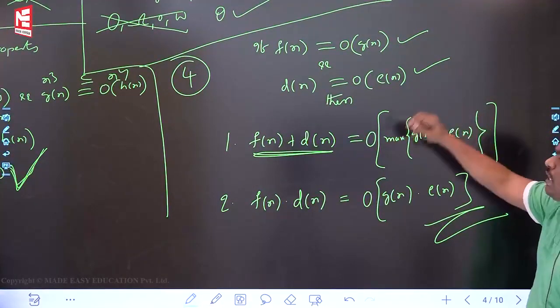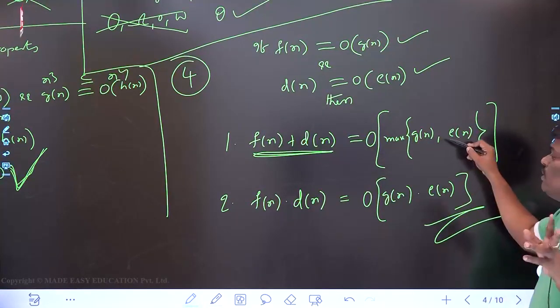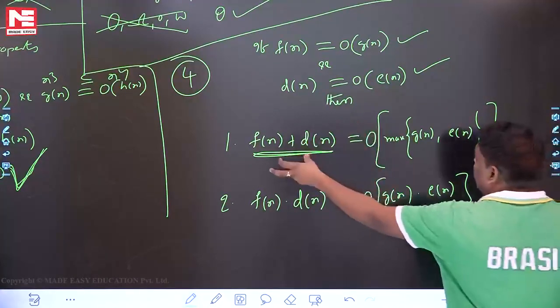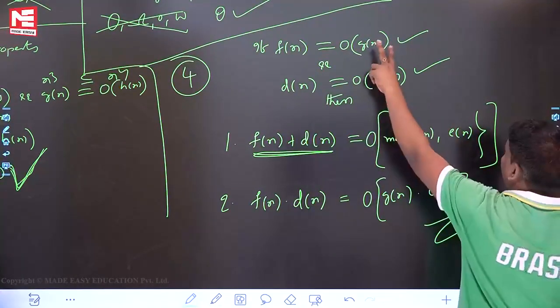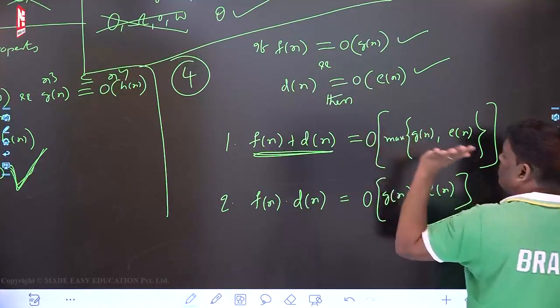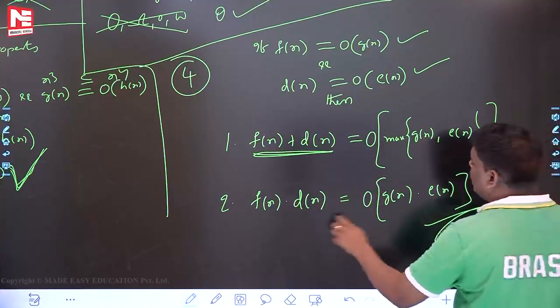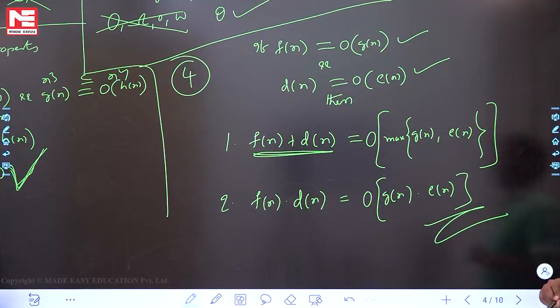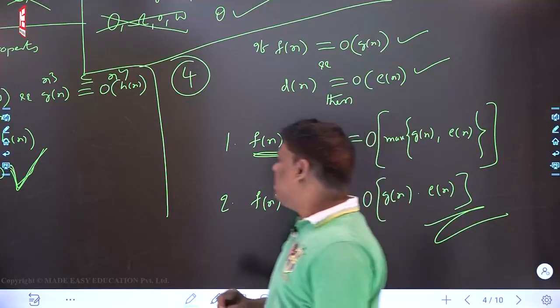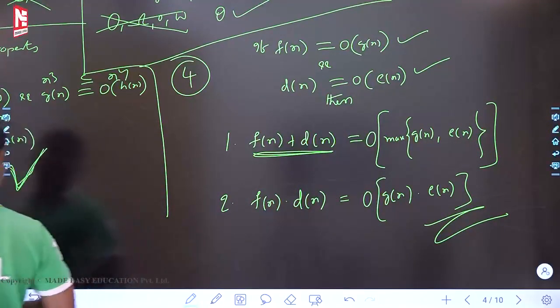Then if the left side is added, the right side also adds. What is the meaning of the right side also adding? Take the maximum. Adding everything is nothing but taking the maximum, to that big O. If you multiply on the left, multiply on the right also. These are the 4 points. Please remember, no need to memorize by heart. Study meaningfully one time.